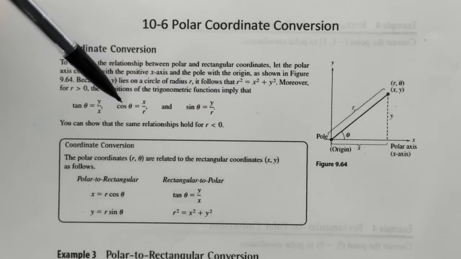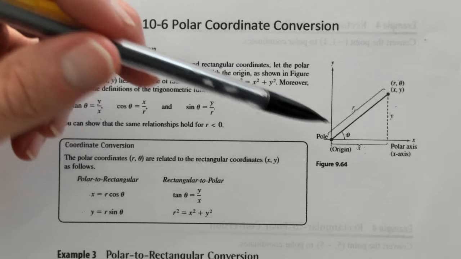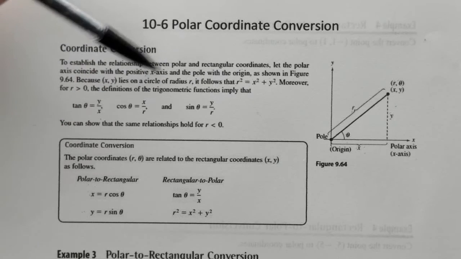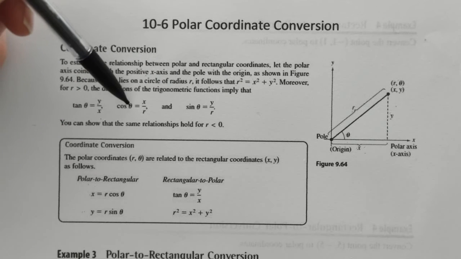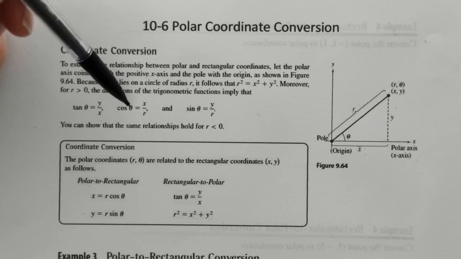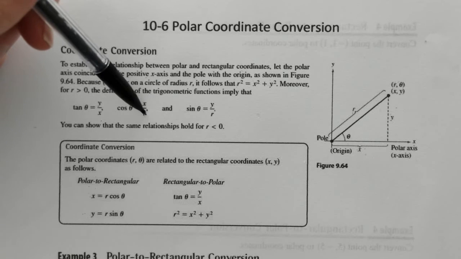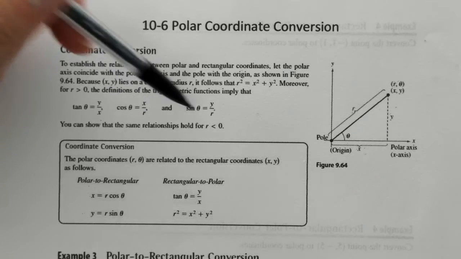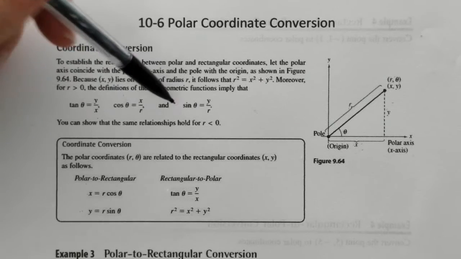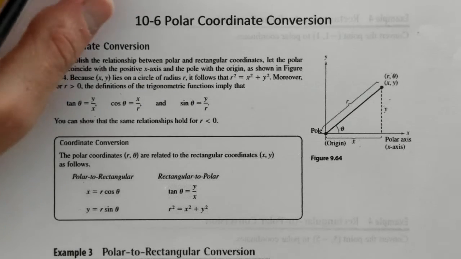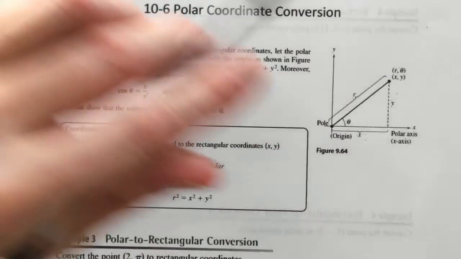And if we were relating it the other way around, you could take the cosine of the angle, which is equal to x over the radius, and then we'll rearrange these two to come up with a conversion chart. This expresses the relationship between the two.